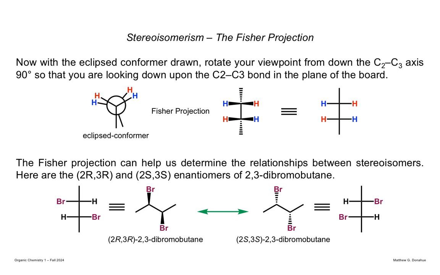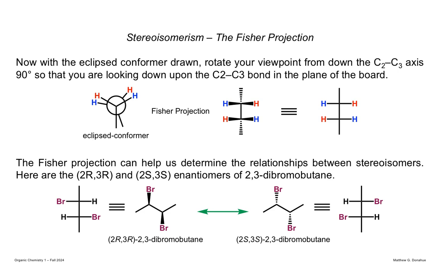And then in terms of the mental gymnastics, now you're looking at the Newman, and you're going to rotate that 90 degrees. So instead of looking down that sigma bond, your eyeball is going to be here, and you're just rotating it like that.